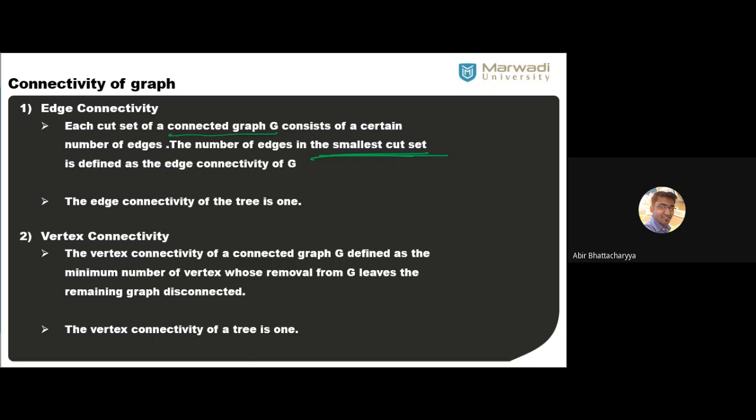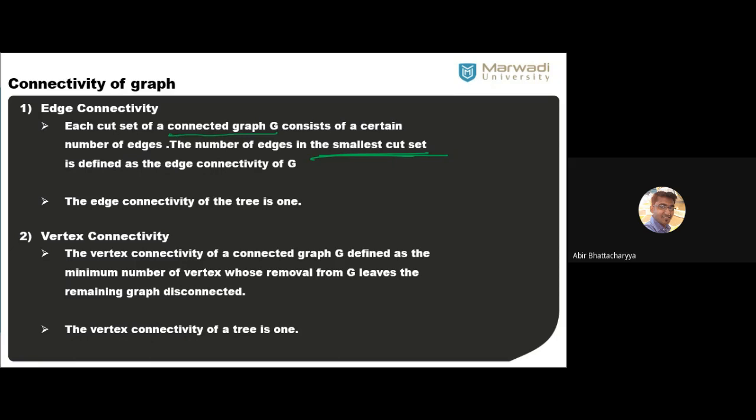So the number of edges of the minimum cut set is known as the edge connectivity of the graph.